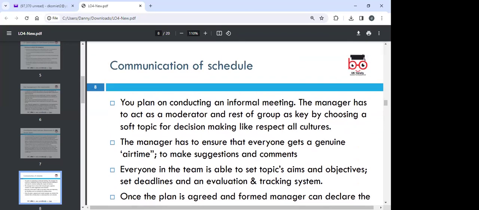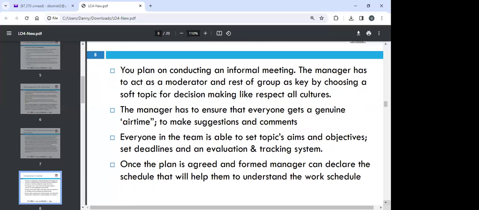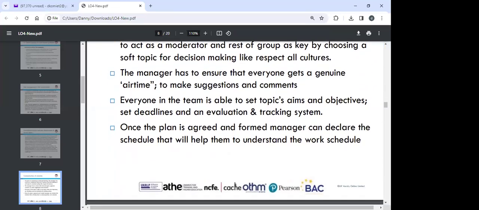You can plan an informal meeting, get your manager in, choose a topic with other colleagues, and you discuss. Every manager has to ensure that everyone gets a genuine airtime to make suggestions and comments. Everyone in the team is able to set topics, aims and objectives, set deadlines, and an evaluation or tracking system. Once the plan is agreed amongst the manager and the team, you can declare a schedule that will help them to understand the work schedule.